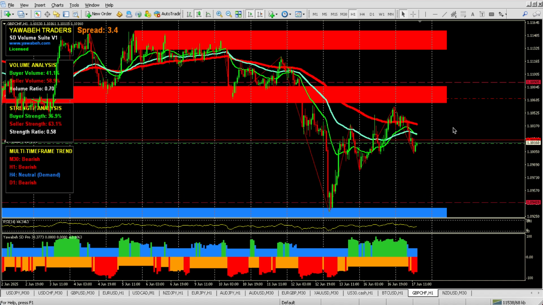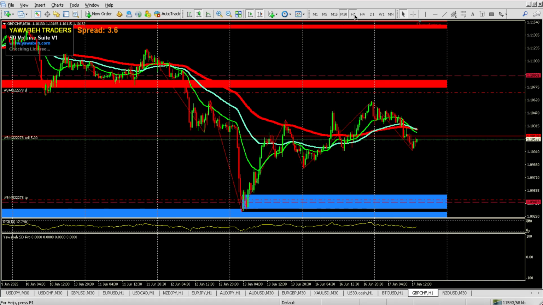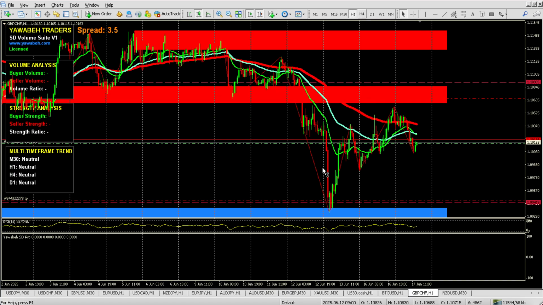If I lose this trade, I'll be losing $3,428, and if the TP is hit, I'll be making $5,134. Let me extend it. So this is the current trade, and let's see what happens.